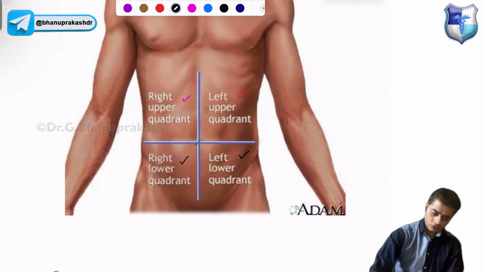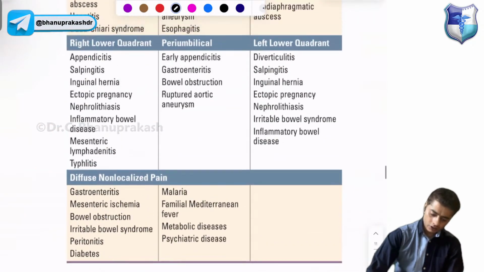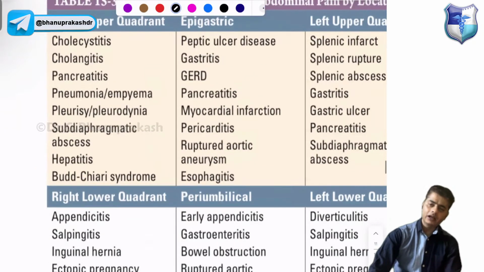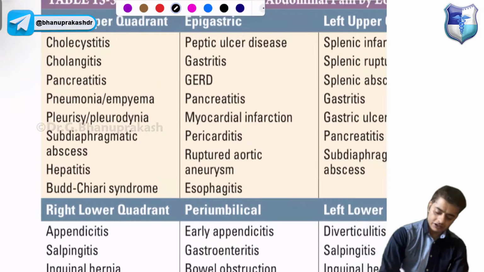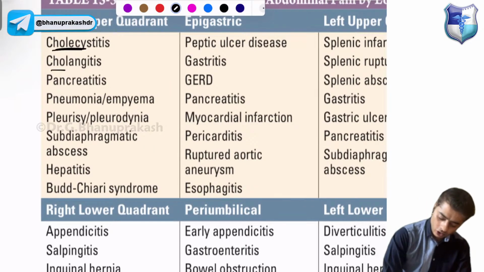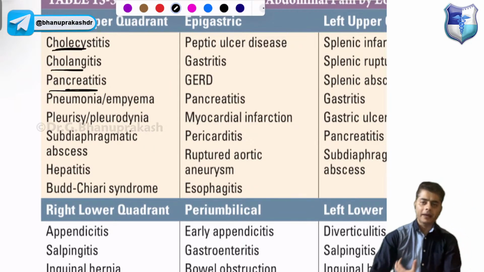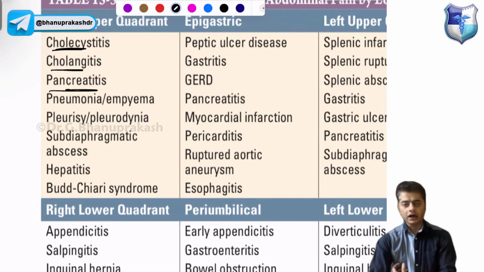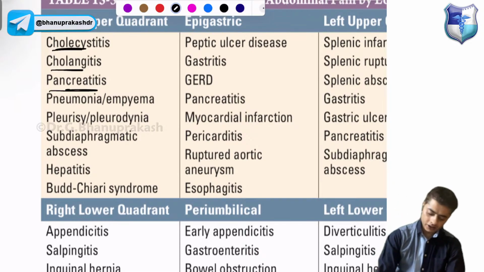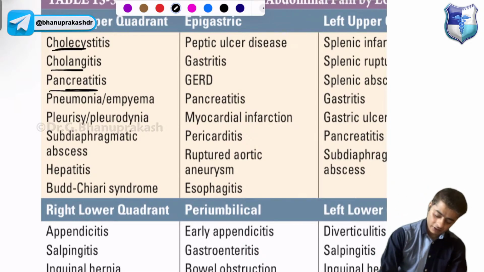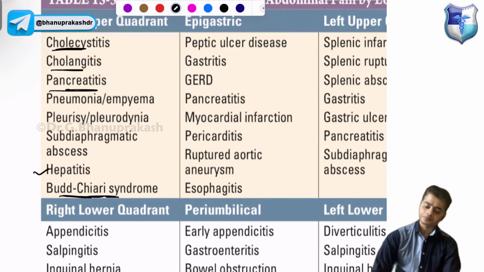Okay. So, pain in the right upper quadrant. There can be cholecystitis, cholangitis, pancreatitis, because your gallbladder and part of the pancreas are in the right upper quadrant. Also the liver: pain due to hepatitis, and pain can be due to Budd-Chiari syndrome.